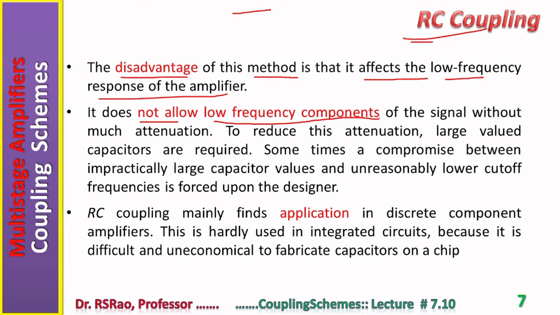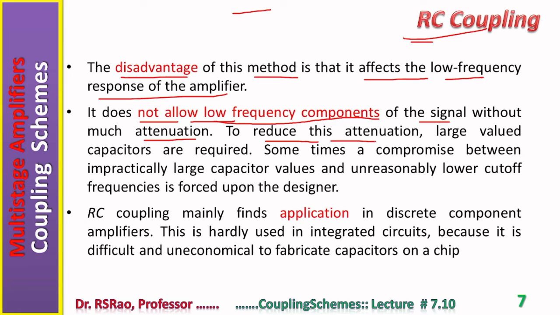An ideal coupling scheme should not interfere with the signal frequencies. Lower frequencies attenuated means RC coupling is giving rise to some kind of distortion. So it does not allow low frequency components of the signal without much attenuation.